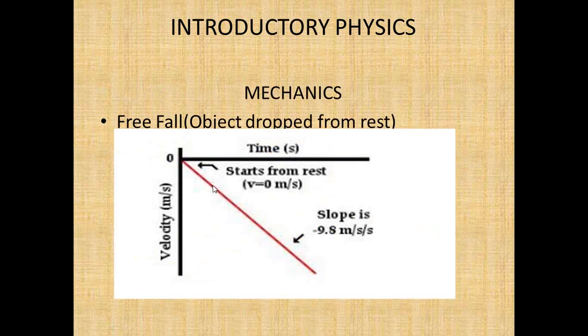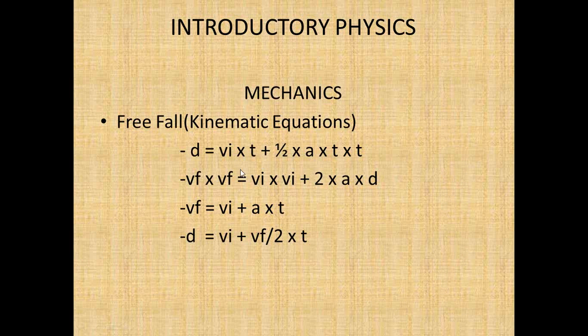Every second, the velocity increases by 9.8 meters per second. That is why it's in the negative portion of your velocity, because the object is moving downwards. It slopes downwards, and the slope represents your acceleration due to gravity, 9.8 meters per second squared for free fall.